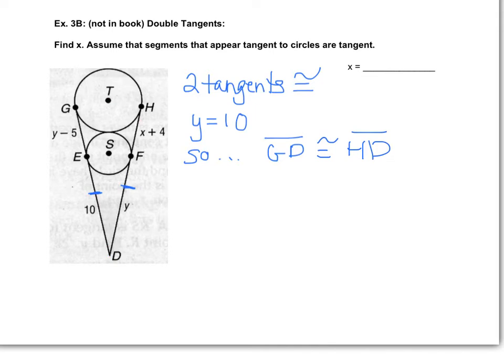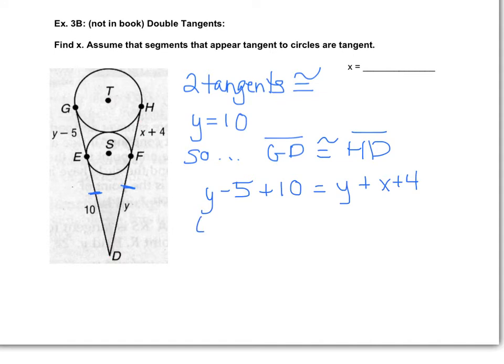So I can say that y minus 5, which is the GE part, plus 10, which is the ED part, has to equal y, which is DF, plus x plus 4, which is FH. And so those two entire lengths of the tangents to circle T are the same.